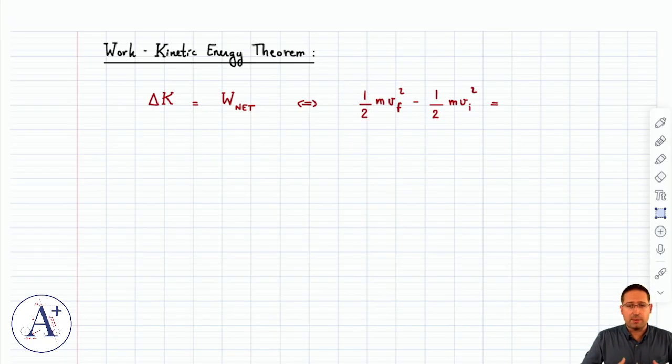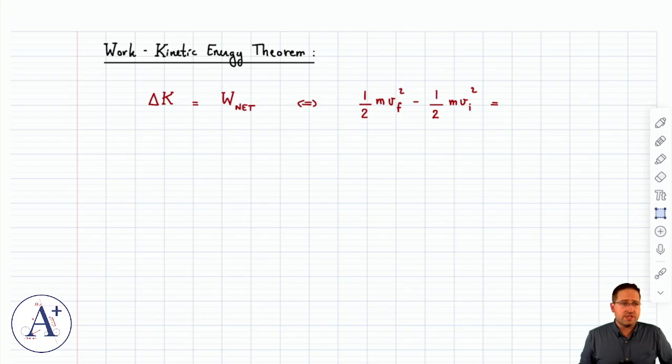This is sometimes called translational kinetic energy, although for now we'll just call it kinetic energy. And we'll later learn about rotational kinetic energy and kinetic energy of rolling. So different types of motion, therefore different types of kinetic energies, but we only know one type of motion. It's called translational motion, right? You're moving along one direction at a time, and it doesn't involve you rotating or spinning or anything like that.